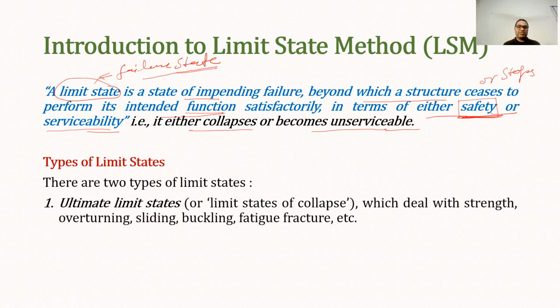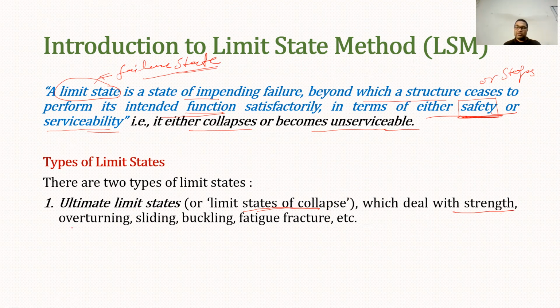The first is called the ultimate limit state, or limit state of collapse. This is the failure state at which the structure can collapse. So what are the factors that lead to the collapse of the structure? This limit state deals with the strength of the structure.